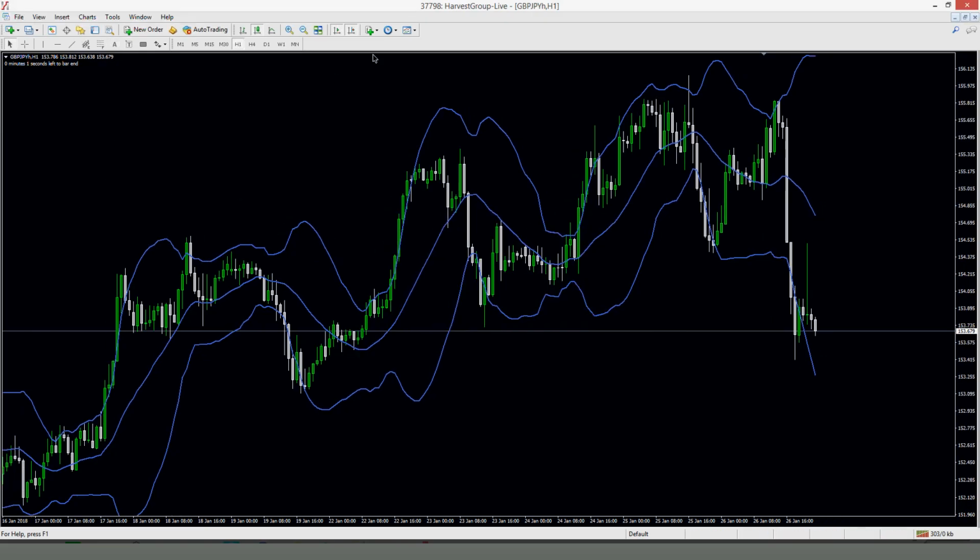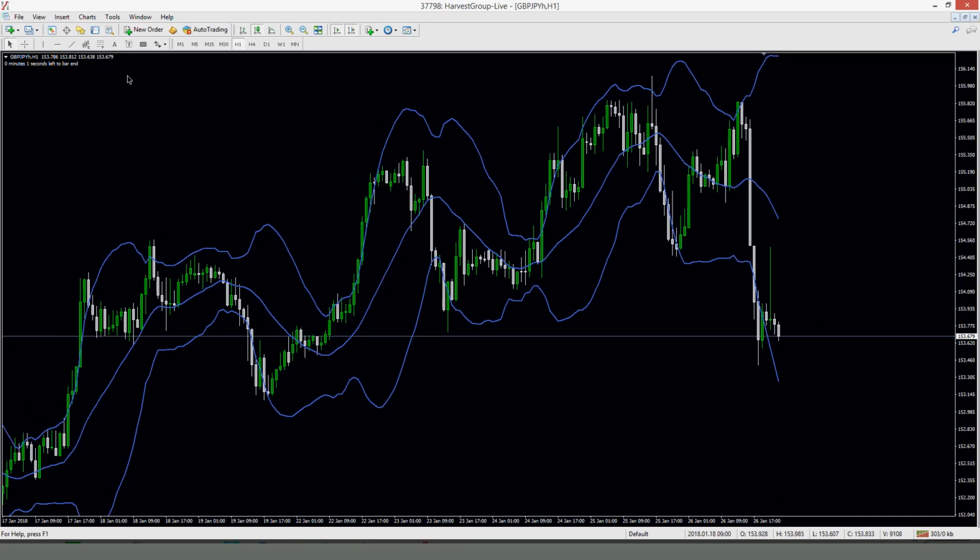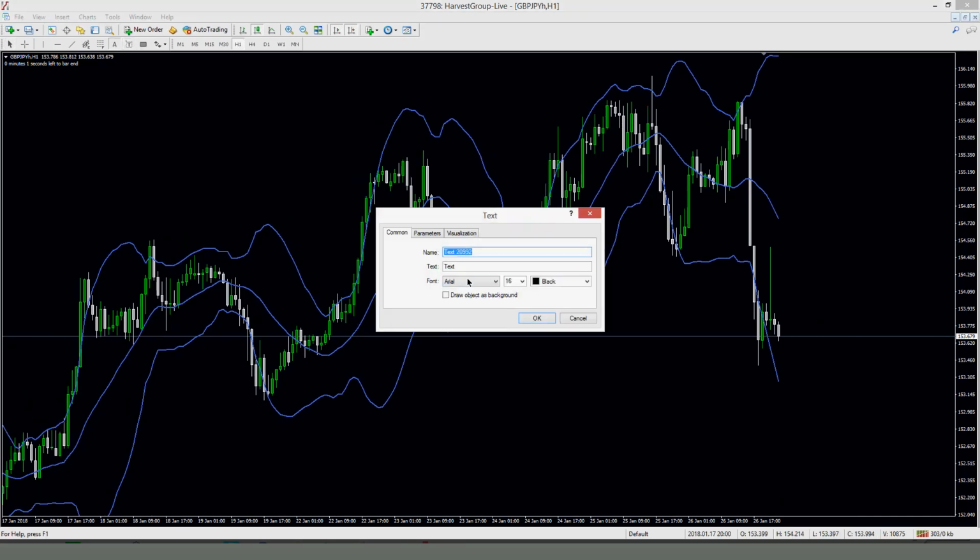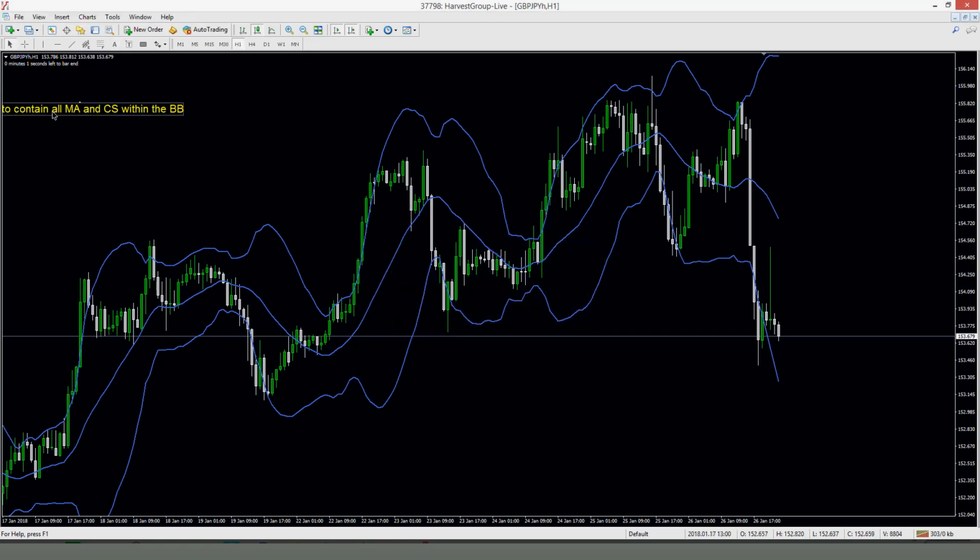I think I lost that, let me do that again. Okay, this is the most important thing when you trade BBMA: you have to fully understand the main function of the Bollinger Band.